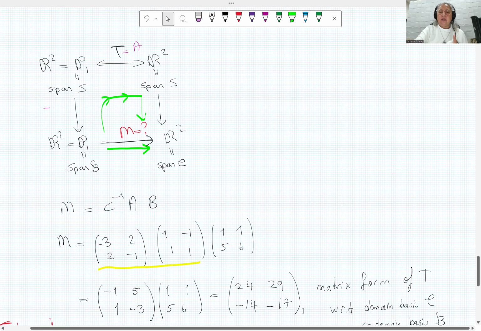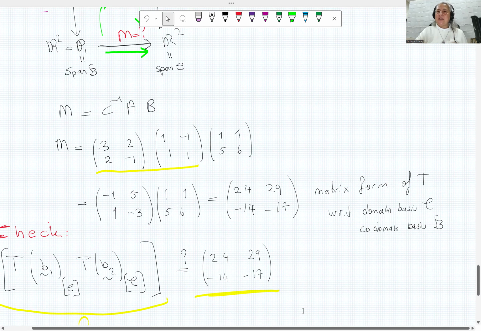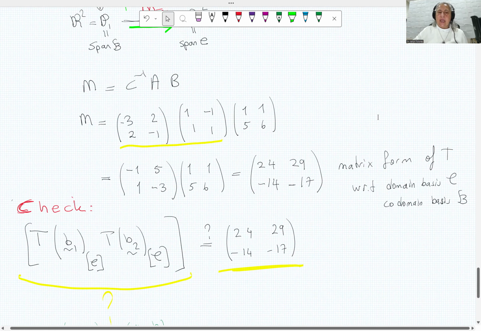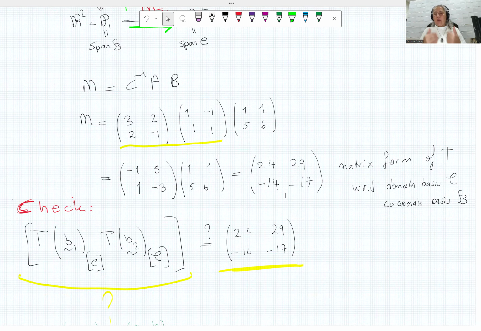So this matrix is the matrix form of T with respect to the domain C and codomain B. And also, the theory tells us to calculate T(B1) and change the coordinate vector with respect to C, calculate T(B2) and change the coordinate system with C. This should be exactly equal to this matrix that we found. So I'm trying to find the same result in two ways.